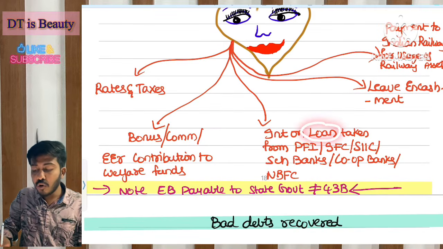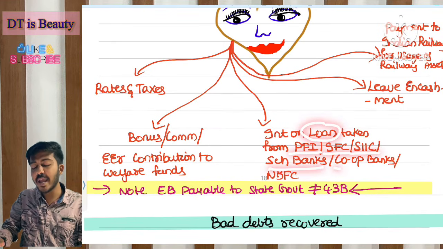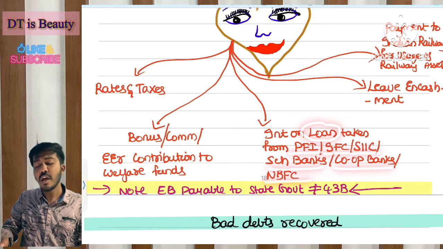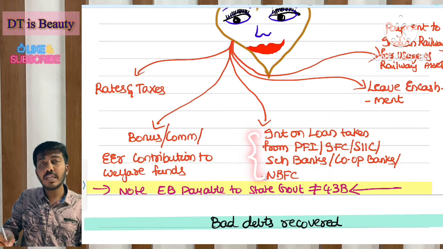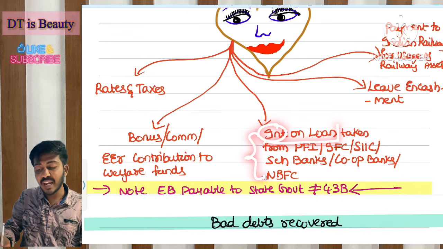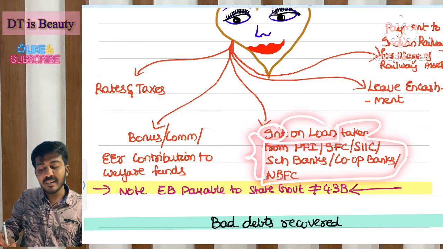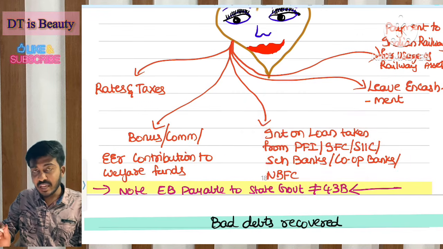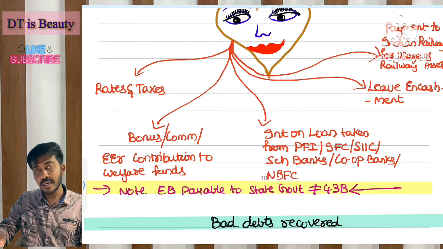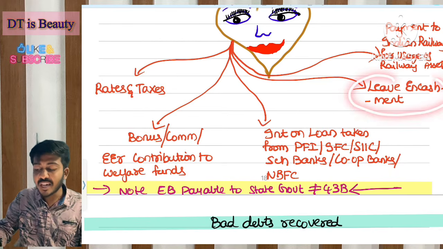Then interest on loan taken from PFIs, SFCs, SIICs, scheduled banks, cooperative banks, notified NBFCs, all these people. If you have taken a loan from them, then you will make an interest payment, right? That interest will be marked as a tick in the P&L if it is paid within the 139 one-time limit. Next one is leave encashment.